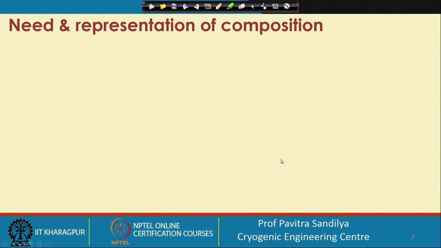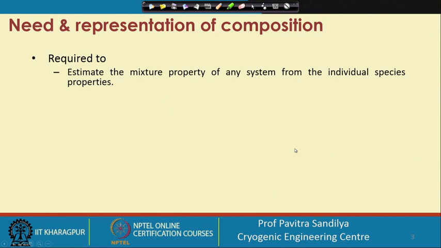Why do we need to give the concentrations? It is needed because we need to sometimes estimate the property of a mixture of any system. It may be gas, or it may be liquid, from the individual species properties.